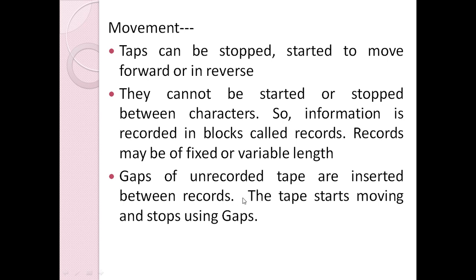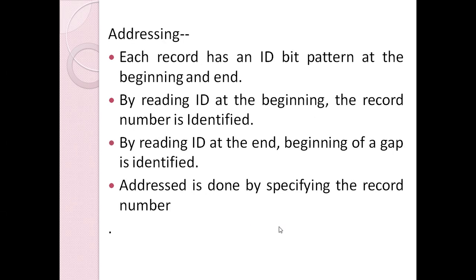So the tape starts moving and stops using these gaps. When you start the tape, it will reach its constant decided speed using the gap, and when you stop it, it will use the gap to stop completely.